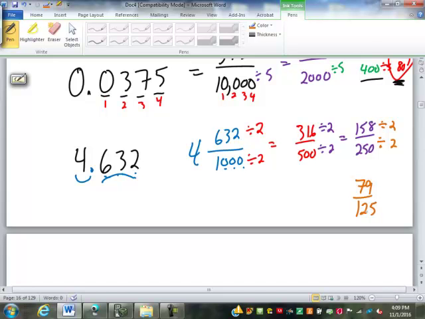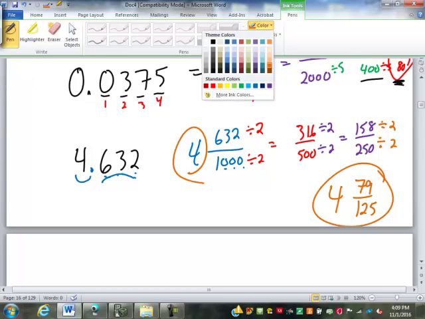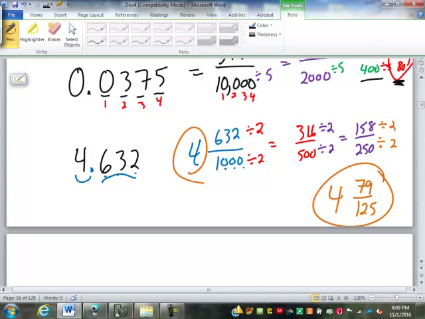The only thing 125 can be divided by is 5. 79 is actually prime. So it can't be reduced. Are we done? Oh, sure. You are right, though. We're not done. You have to put the 4 up there. Yes. You have to hold it right. Good catch. That is the single most common mistake I'll see on these. If there's a whole number, people forget to put that back with it.